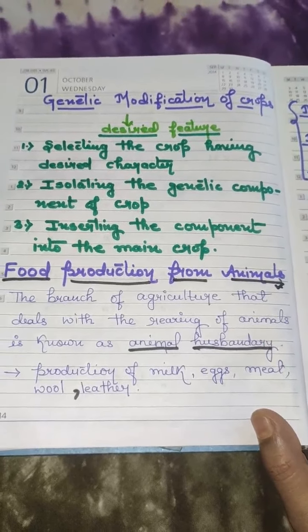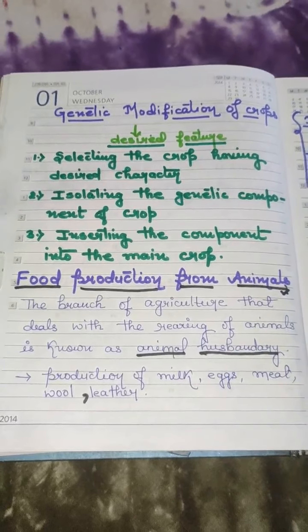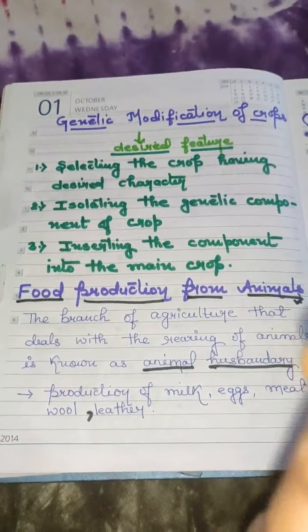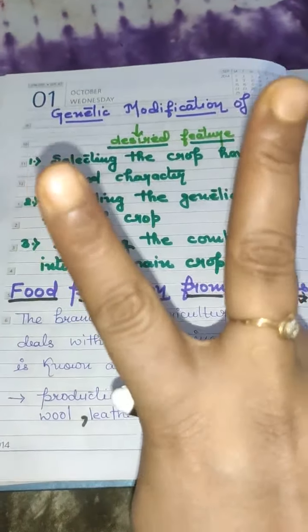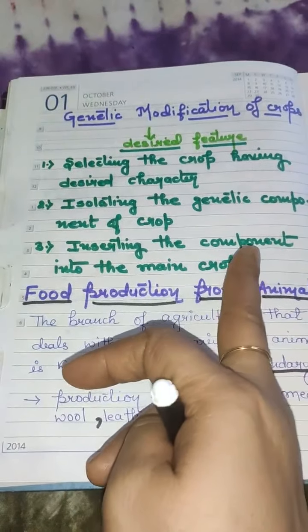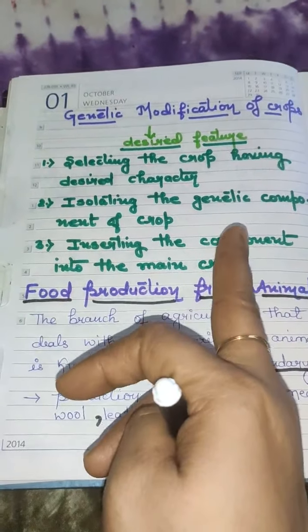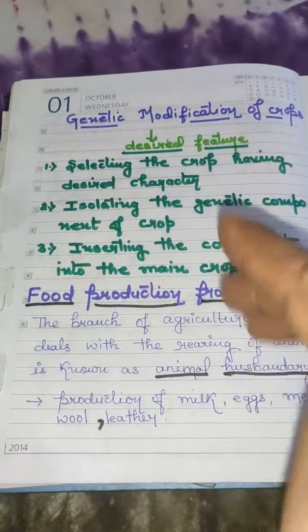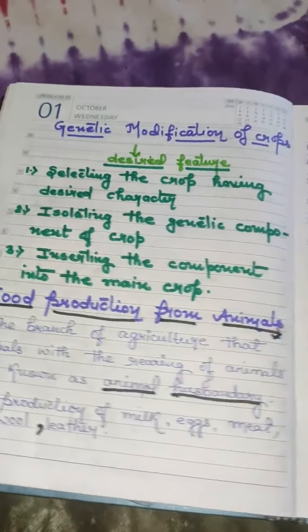The method of rearing is known as animal husbandry. Once again, animal husbandry is a part of agriculture. Agriculture has two parts: one, cultivation of land, and the other, raising of domesticated animals. That raising and care of domesticated animals is known as animal husbandry.